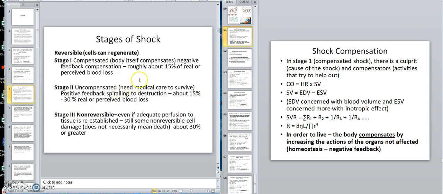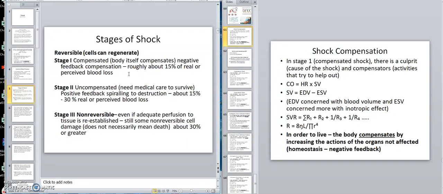And the blood pressure is dropping. But the body uses other organs, not the ones that did the job, not the culprit, the cause of the shock. It uses other organs that are going to compensate to bring it back. So the body's going to do it itself.